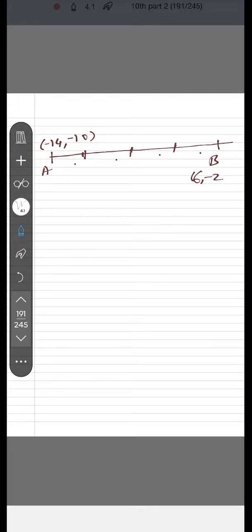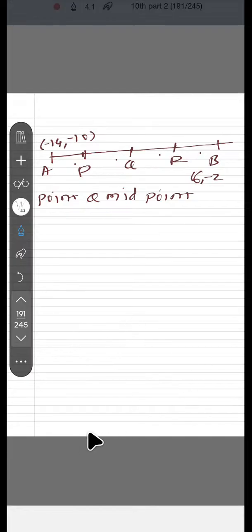If I take these points as P, Q and R, then Q is the midpoint of segment AB.